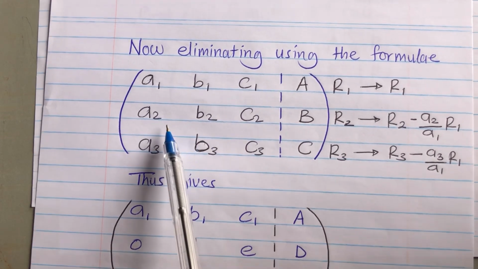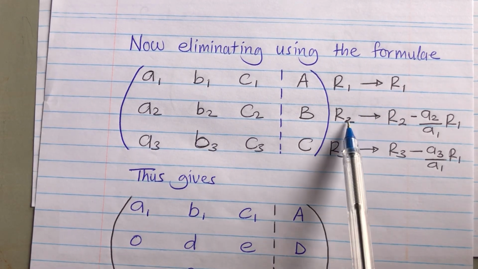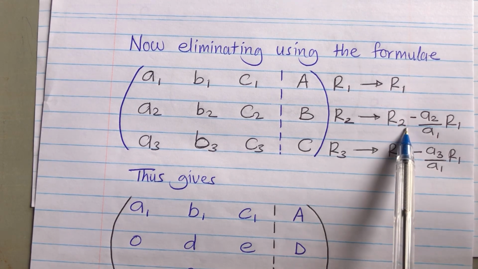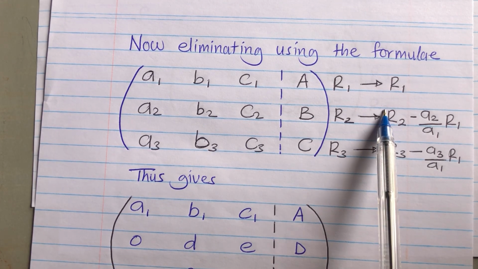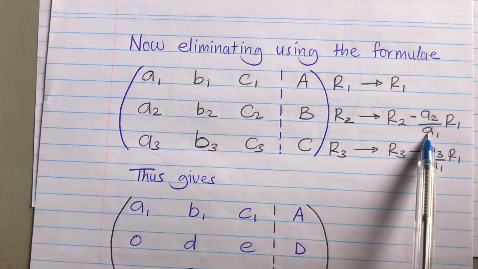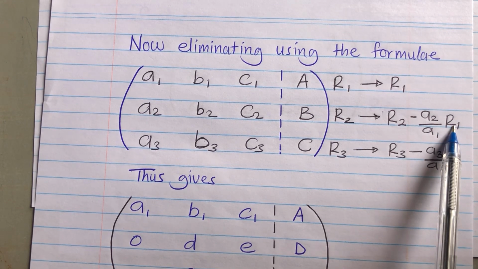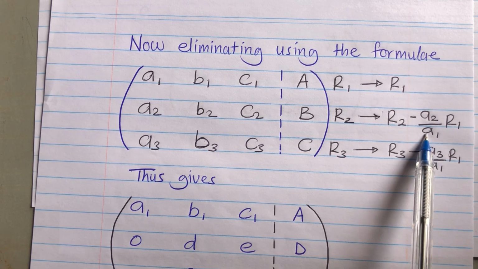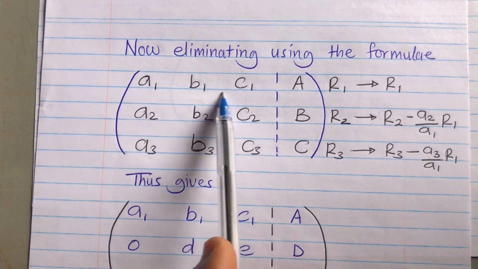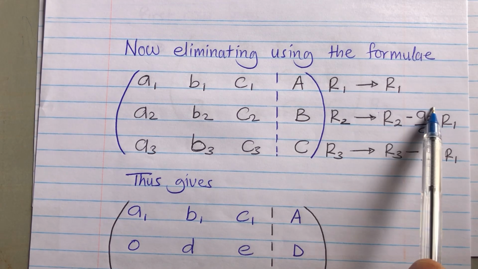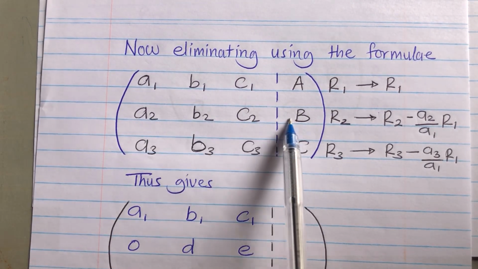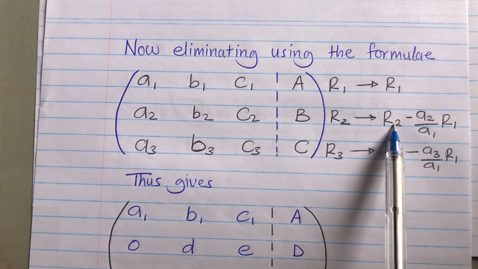But the second row will be transformed into the second row minus A2 over A1 times the first row. So after dividing A2 by A1 and multiplying with elements in the first row, what we get, we subtract from those elements in the second row in their corresponding positions.